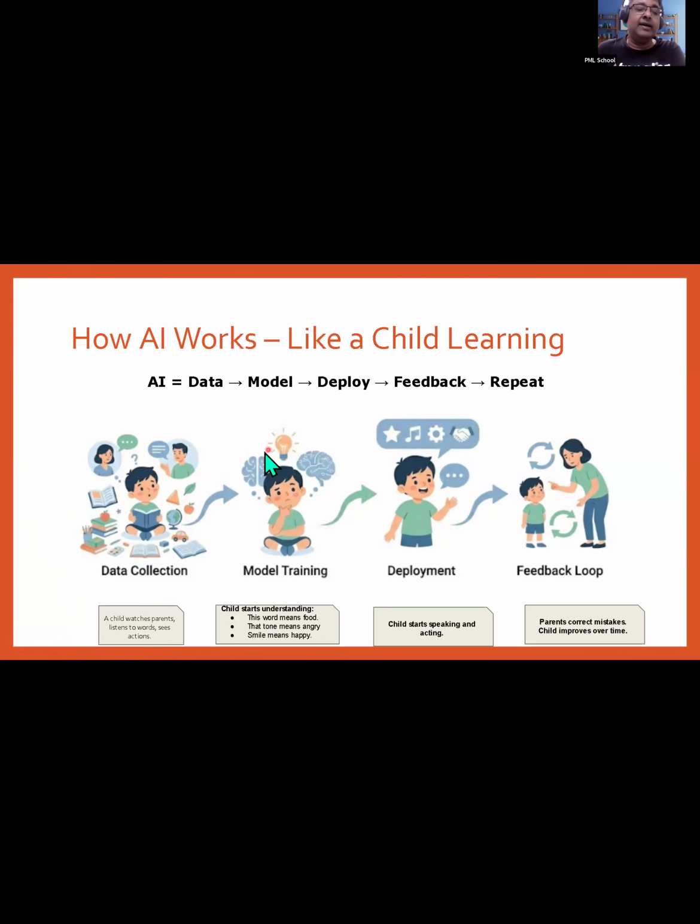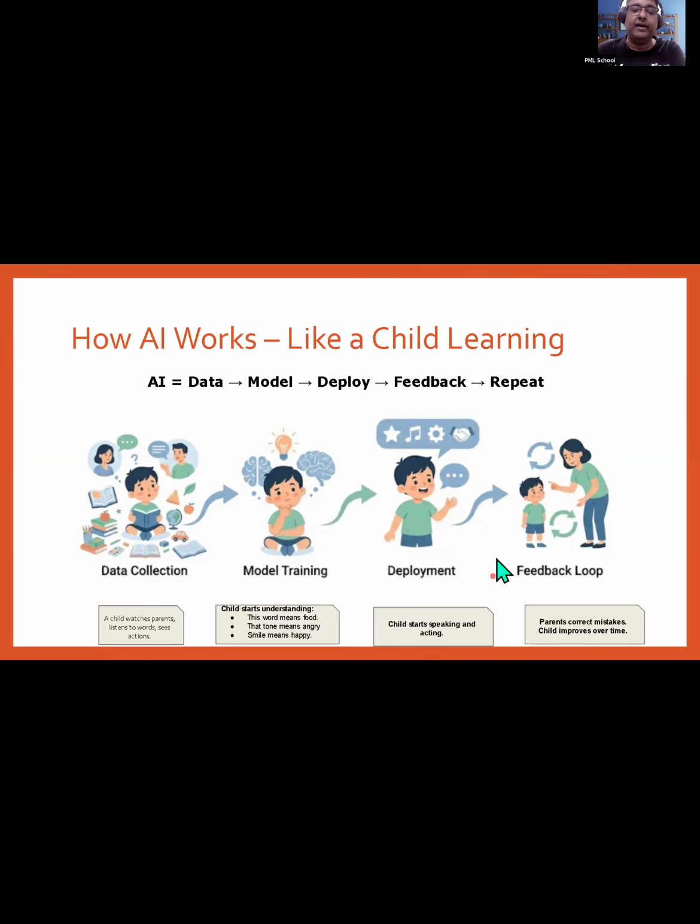Then this is called data modeling, when the child starts to understand word meanings. What is the tone of the message? Are they happy or angry? When they smile, your model is getting trained, right? So you have the data, and your model is there. And then deployment: when a small child initially doesn't know, after learning from the pattern, they start speaking and acting.